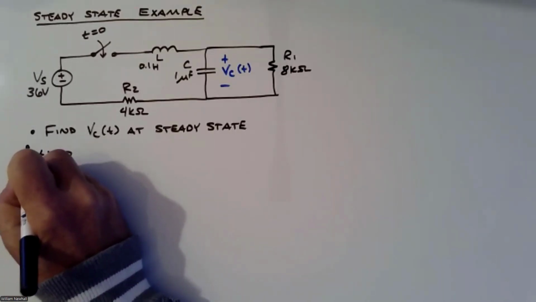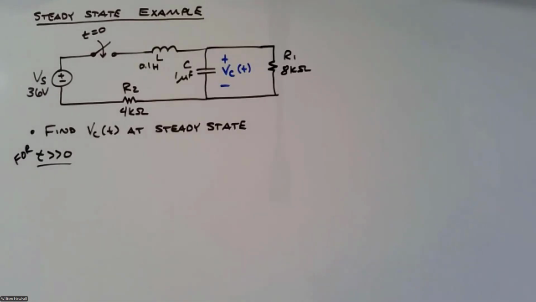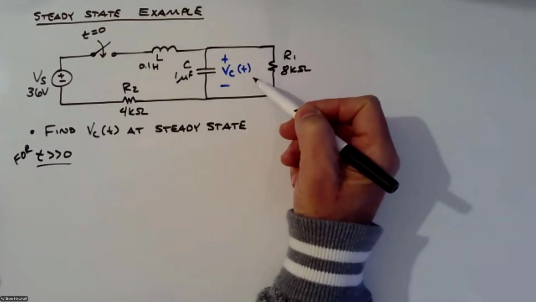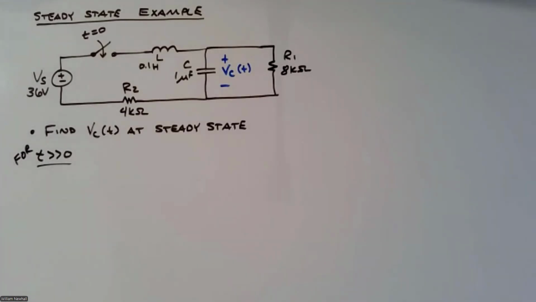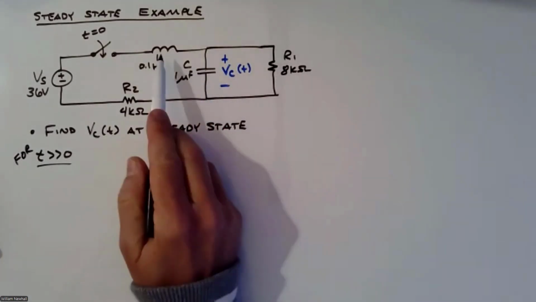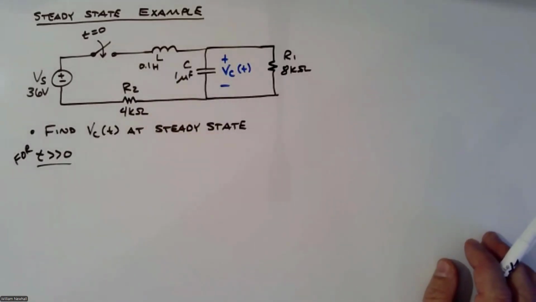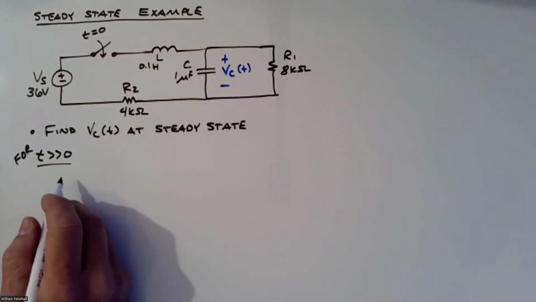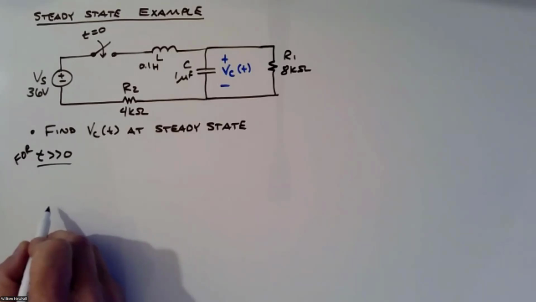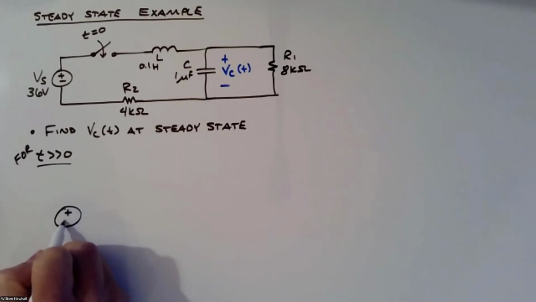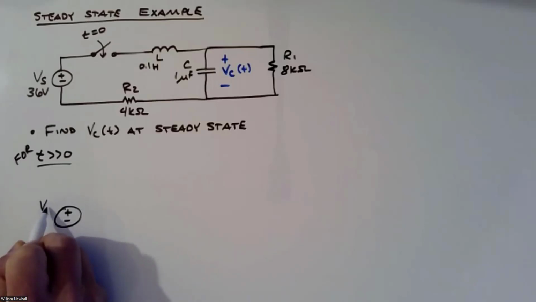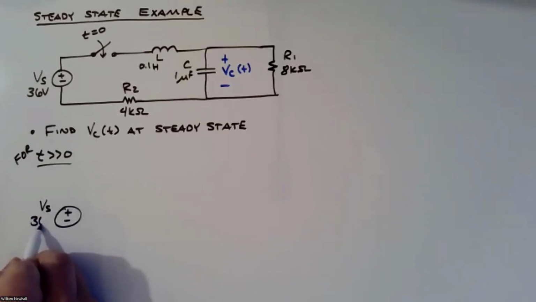So I'm going to say for t much greater than 0, let's redraw this circuit here. And I'm going to redraw it, replacing the inductor and the capacitor with their equivalent circuit elements at steady state. Okay, so the source stays the source. It's still a DC 36 volt source.